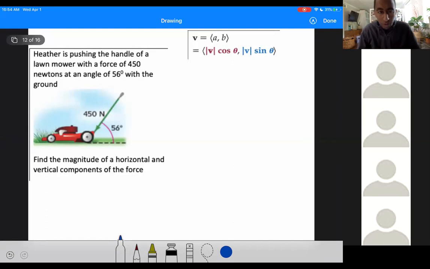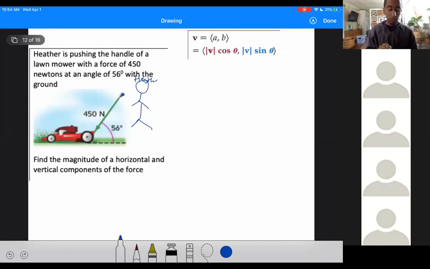Okay, thank you. So we have Heather over here, and she's pushing this lawnmower. The force by which she's pushing it is 450 newtons. And the angle from the ground to the handle of the lawnmower is 56 degrees.